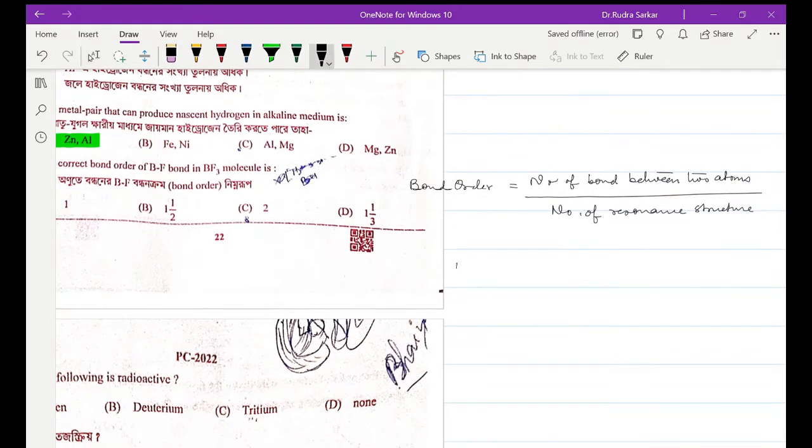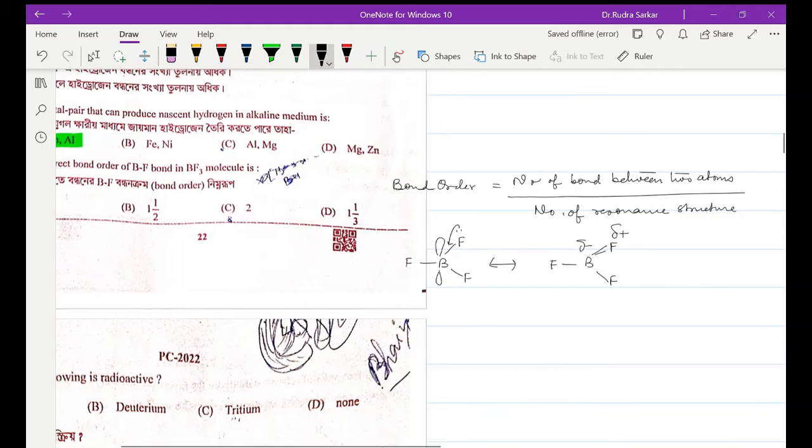So as we know, for a BF3, if this one goes in like that, we will say this is one structure.